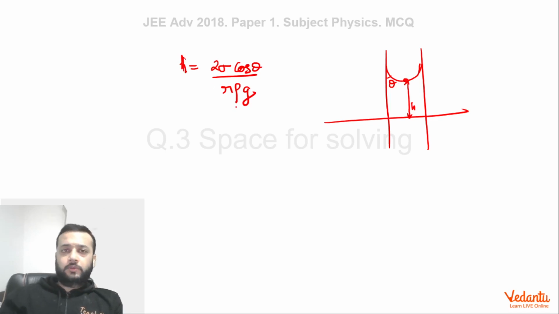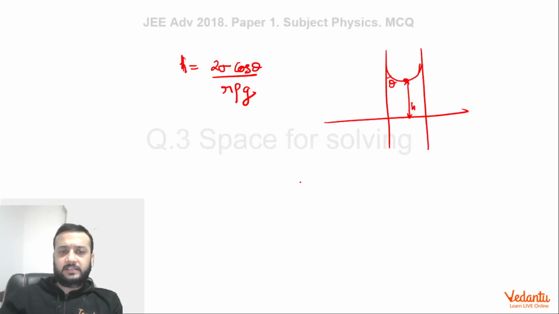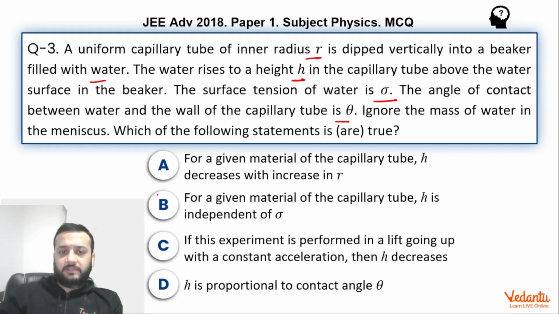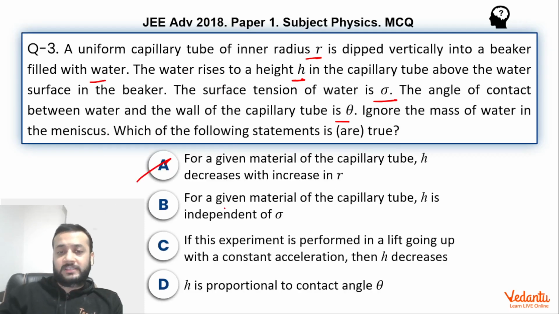Right? Now, if you go back to options, for a given material of the capillary tube, h decreases with increase in r. Of course, this is correct because we can see that h and r are inversely proportional. So this is right. For a given material of the capillary tube, h is independent of sigma. This is again wrong because we can see that h is directly proportional to sigma, while the option says that it is independent of sigma. This is wrong.